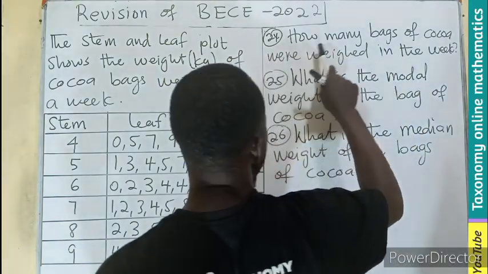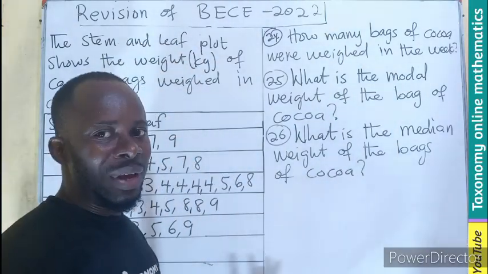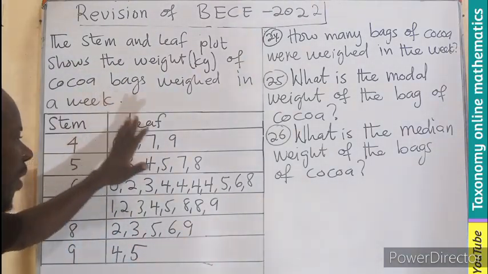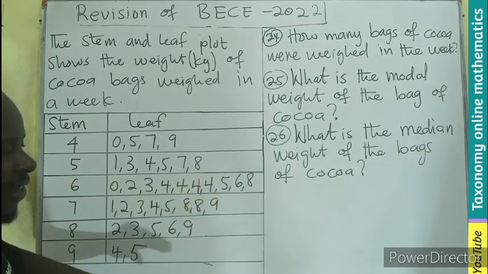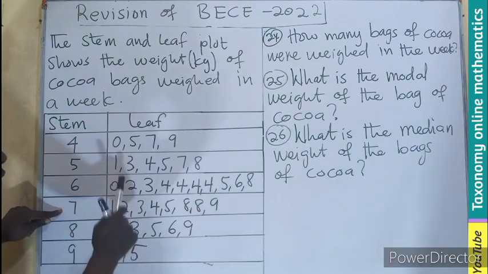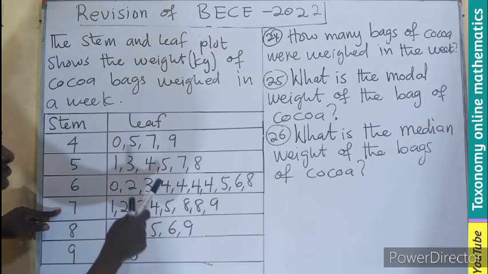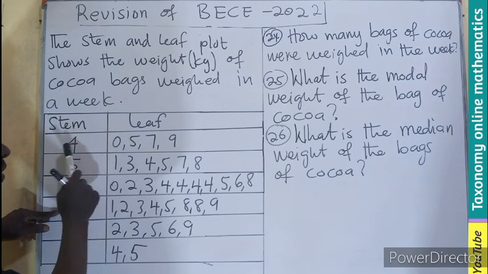All right, so how many bags of cocoa were weighed in a week? That's the first question. Don't forget the arrangement is showing the ones digit of this. So these numbers are repeating. So we only need to count how many of these we have, because if I pick 0, I'm picking 40, pick 5, 45, 47.